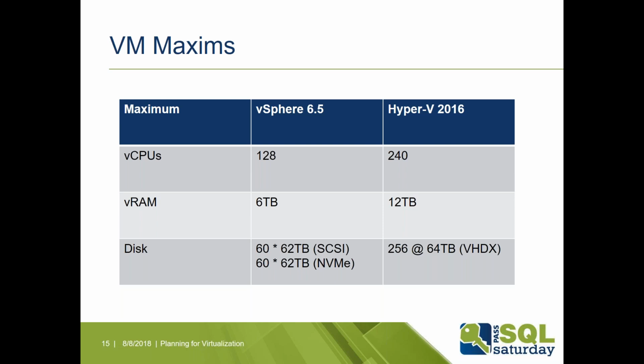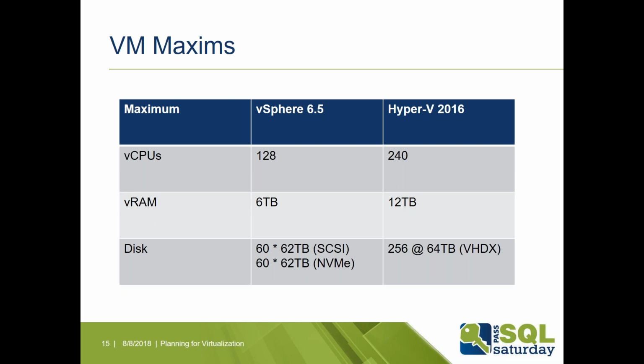So to give you an example of some of the maximum configuration options, for vSphere 6.5 and Hyper-V on Windows Server 2016, number of virtual CPUs for vSphere is 128, and virtual CPUs for Hyper-V is 240. Obviously, your host has to have that level of capacity available in logical cores in order to allocate.